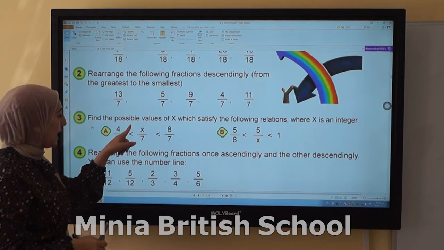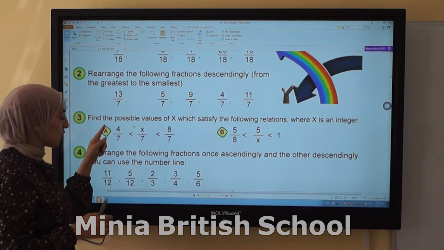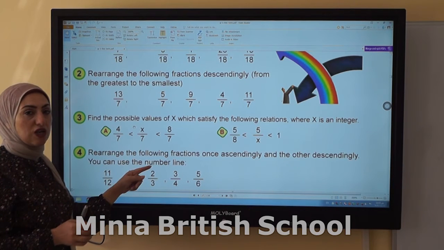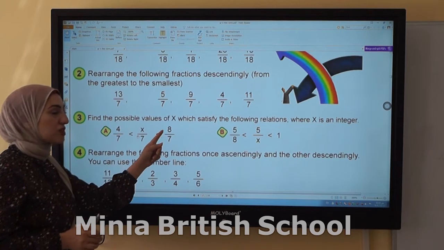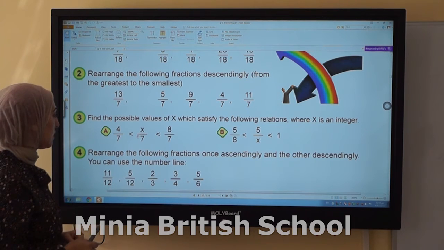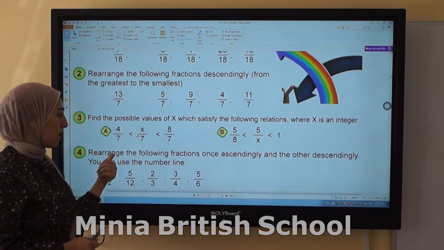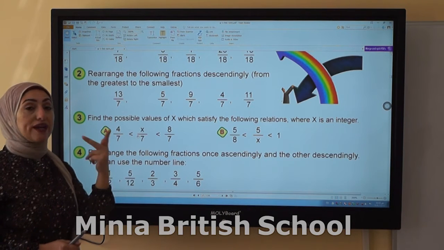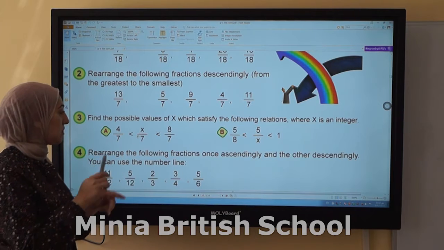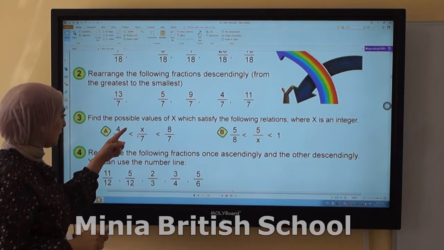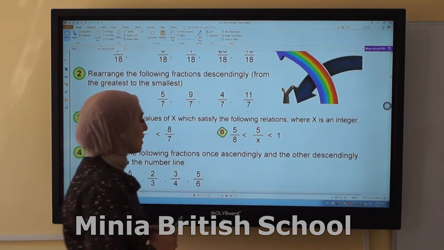That means x over 7 is between 4 over 7 and 8 over 7, greater than 4 over 7 and smaller than 8 over 7. So x can be 5, 6, or 7. Any one of these three is right.